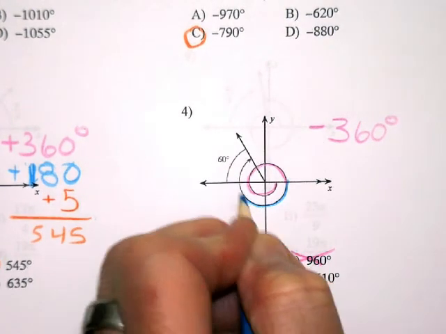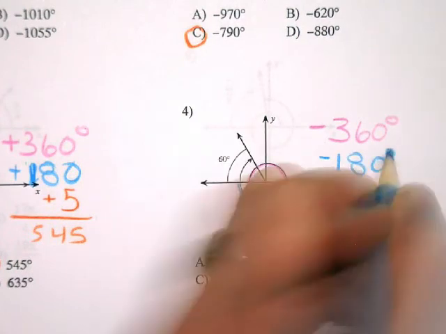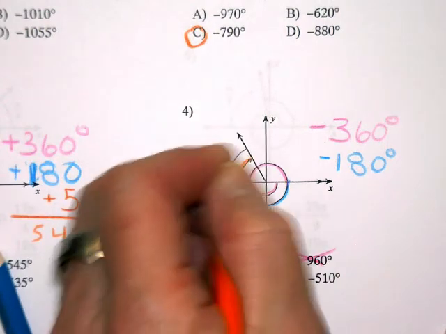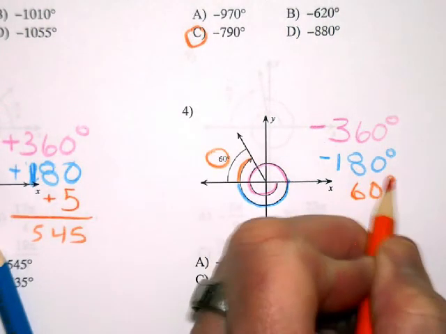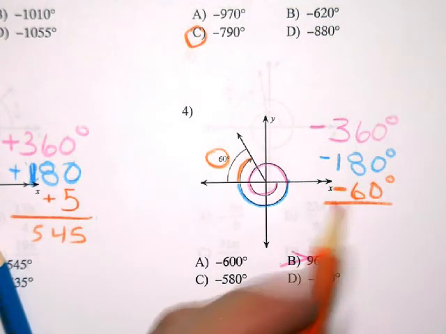My next rotation is 180 degrees. And then my last one is 60, because that was the reference angle. They're all negative because I'm going under.